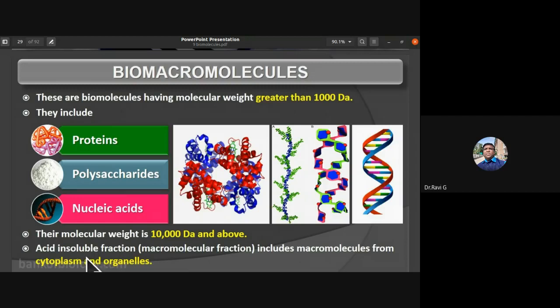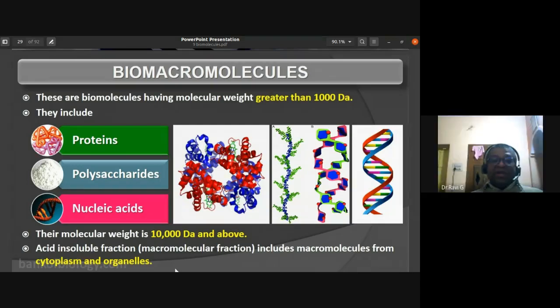They are acid insoluble fraction, the macromolecular fraction, which includes macromolecules from cytoplasm and organelles. They will be the remnants. They are not the filtrate, so they would be found as retentates.